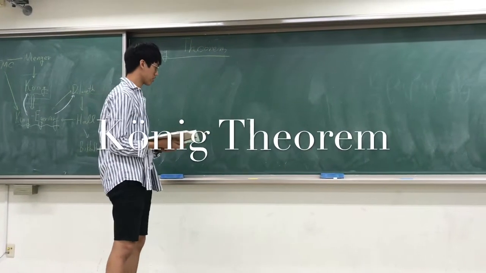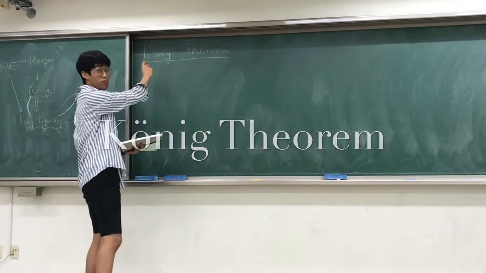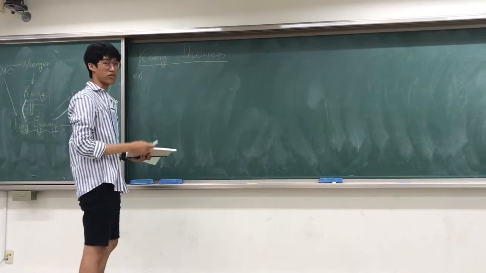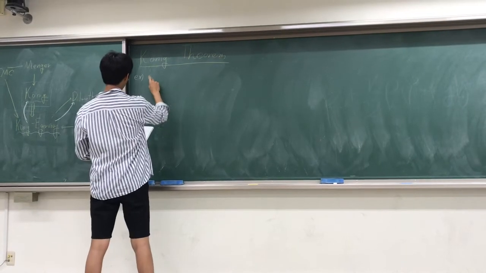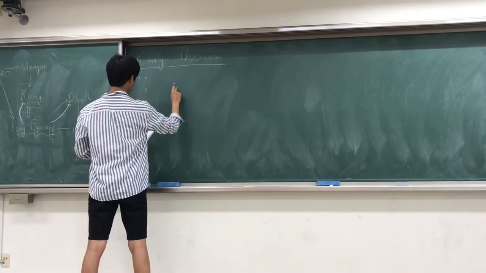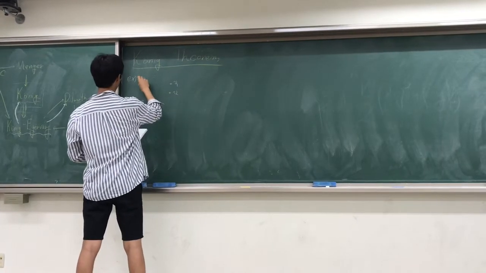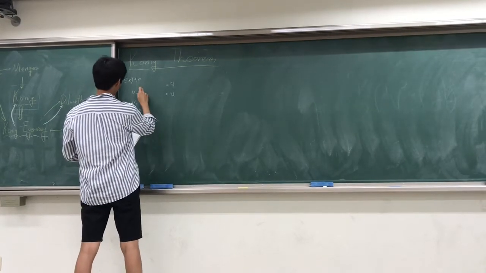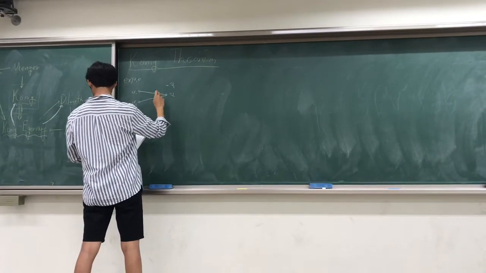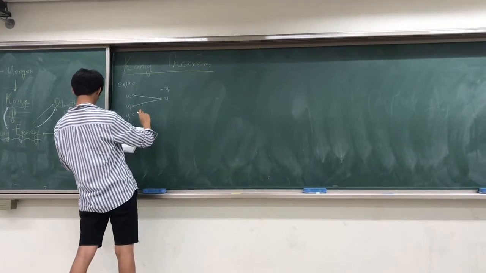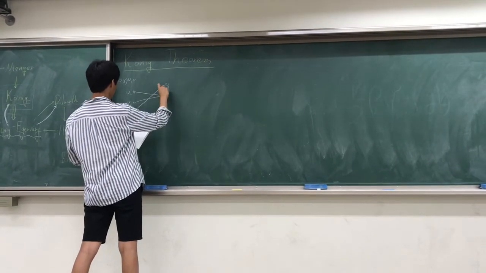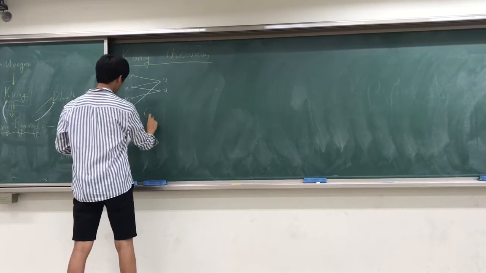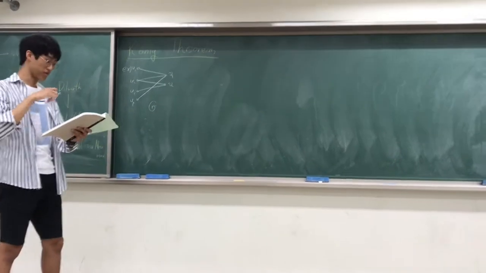Now that I've introduced Konig-Egevary, I'm going to try to introduce this theorem from the previous one. So I'm going to start with an example. Suppose we have a simple, finite bipartite graph as follows. V1, V2, U1, U2, like this. And then it's connected as follows. This graph is bipartite. This is trivial.